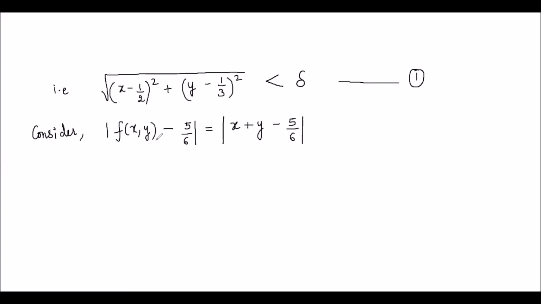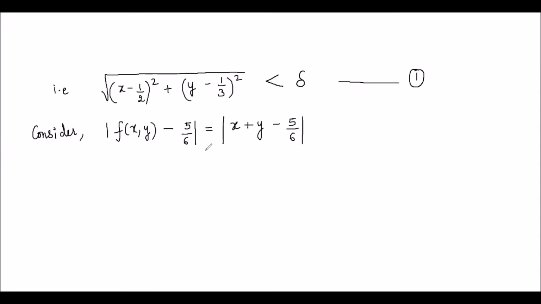Now we will try to write this in such a way that it involves x minus 1/2 and y minus 1/3. Why am I saying this? Because we have to establish the relation between epsilon and delta, and equation 1, in which we have delta, involves x minus 1/2 and y minus 1/3.